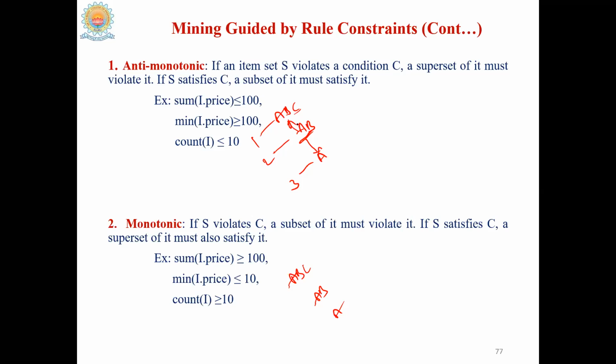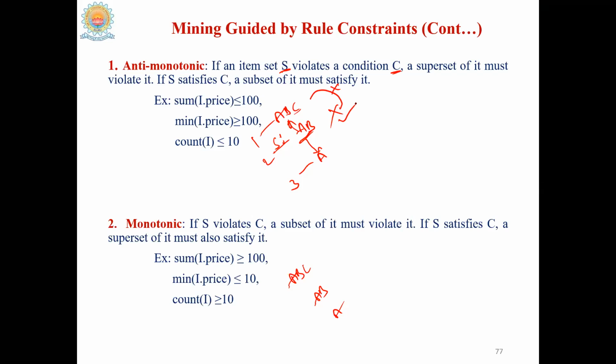If a rule is monotonic or anti-monotonic, consider a constraint or condition C, and S is an item set. For example, consider this is my S, here AB is my item set. This includes two items, A and B. So if an item set violates a condition, does not satisfy the condition, then its superset also does not satisfy the condition.